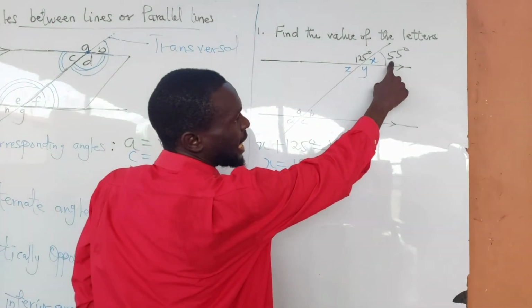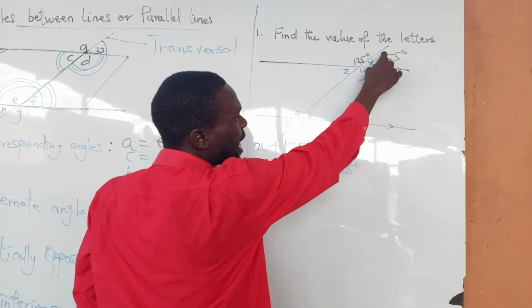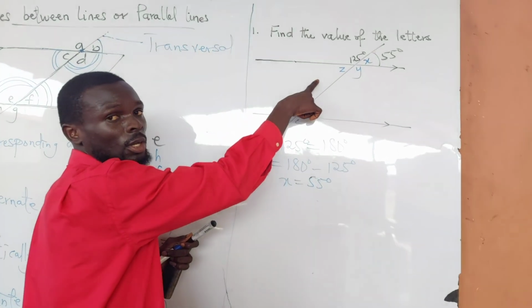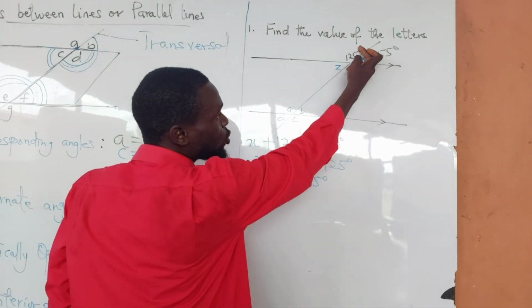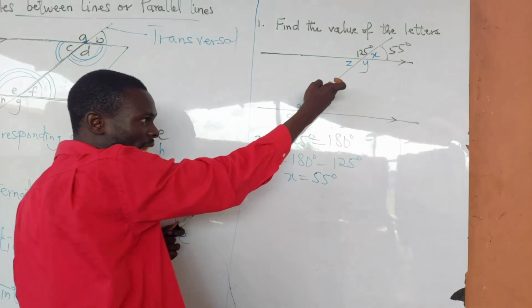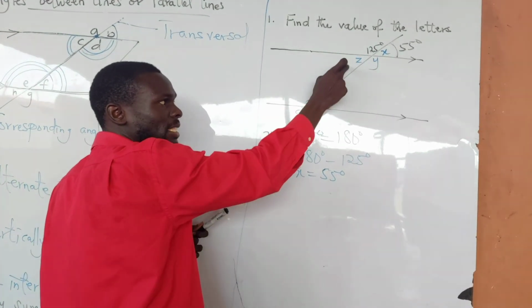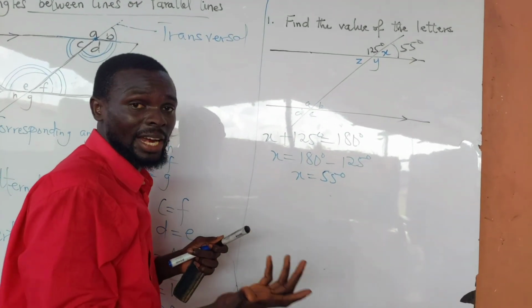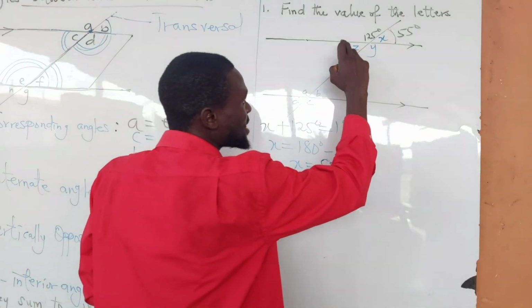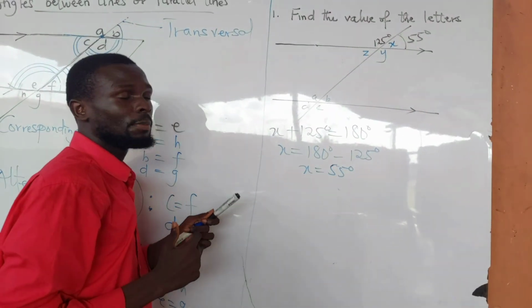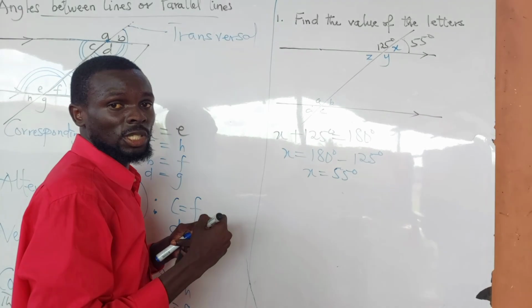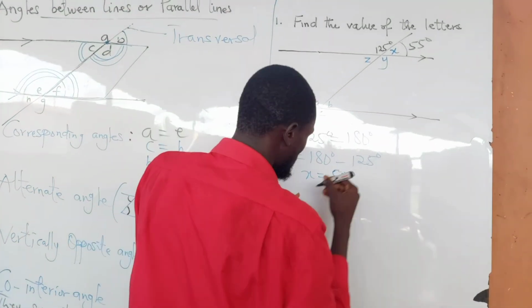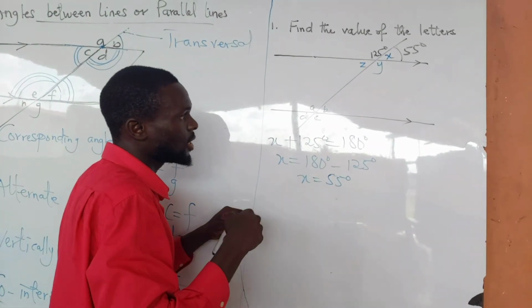Now, if I have X, I know that the angle here corresponds to this angle. Or 125 is on a straight line with a Z. So this plus this is also giving me 180 degrees. Or I can say Z is equal to X because they are vertically opposite angles.